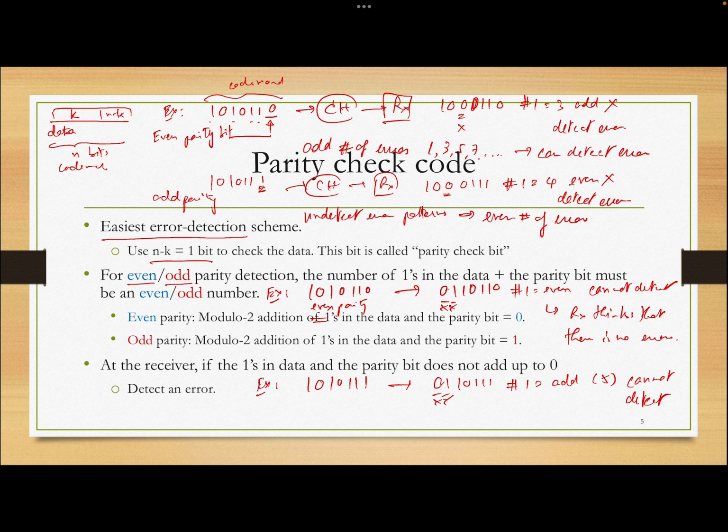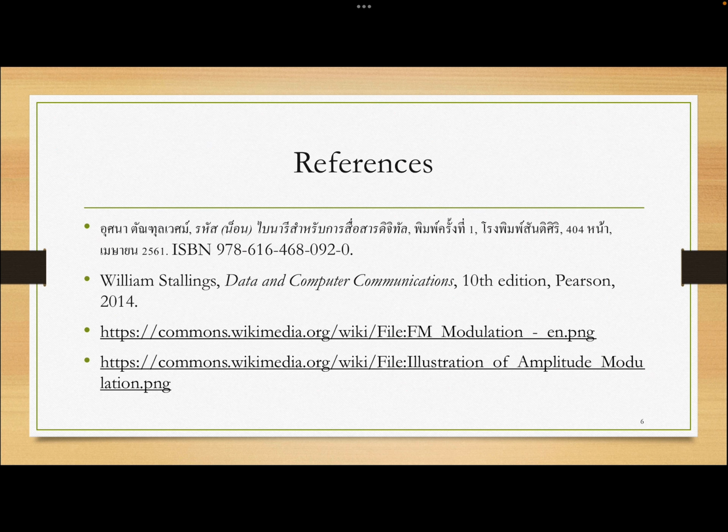So you cannot detect the error if the error pattern has an even number of errors. If you have 2 errors, 4 errors, 6 errors, something like this, you cannot detect it. So this is the end of this slide, and we continue with block code in the next slide. Thank you.